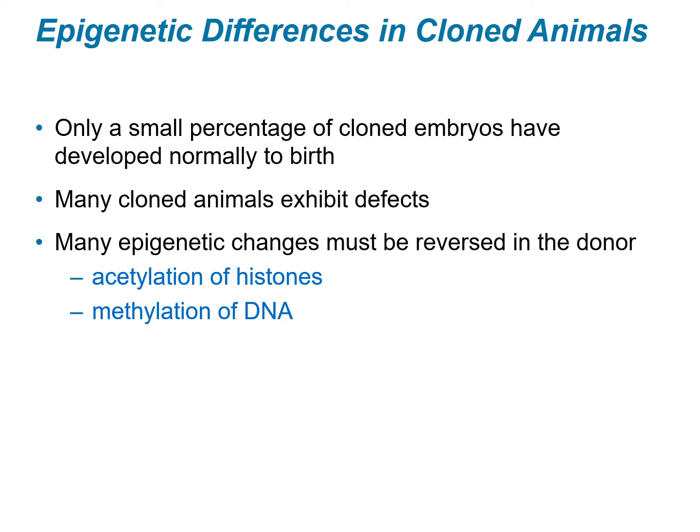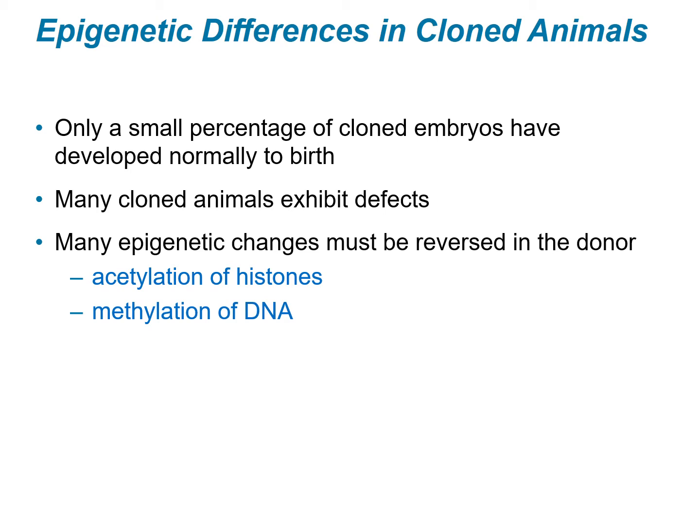These types of epigenetics include acetylation of histones. Sometimes acetylation or deacetylation of histones is going to be different, and this is a method by which it can control gene expression. With acetylation of histones, you want to remove the acetylation because that affects the development.